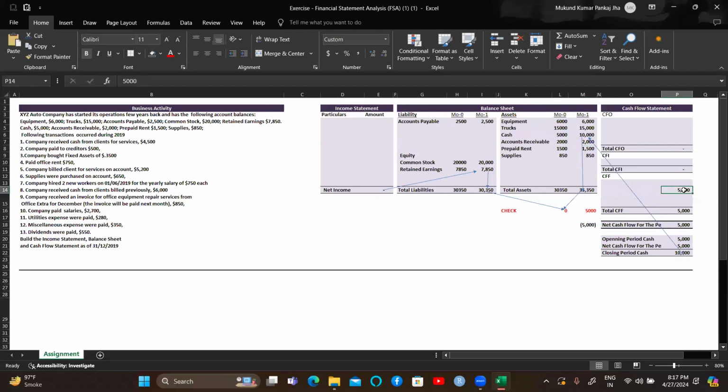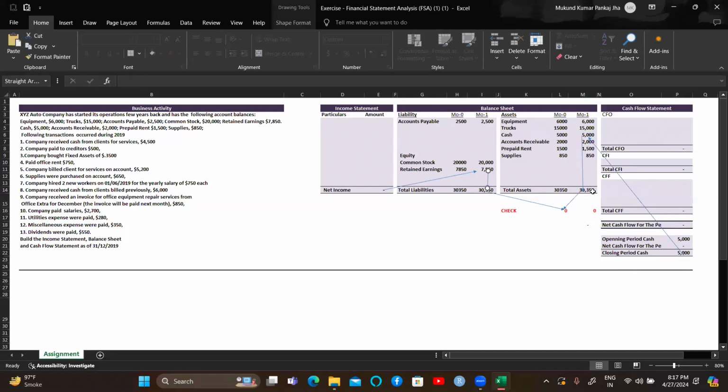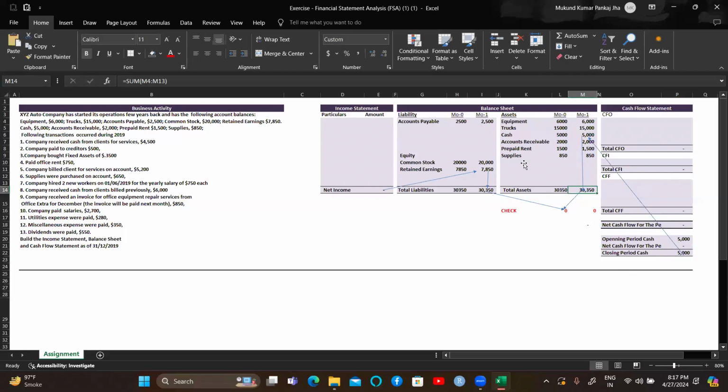That is why I have drawn these arrows. And when these assets are equal to these liabilities, then only my check line gets matched. This is how the arrow flows. Have you got this now? Apurv, please let me know if you have got this.